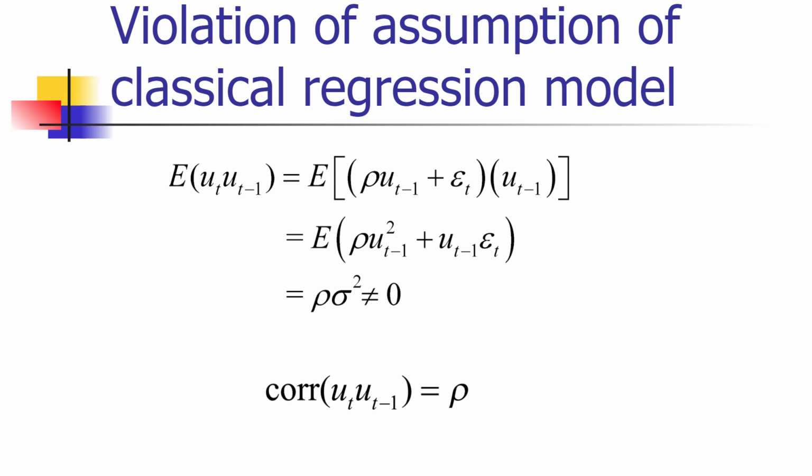The first term simplifies to be simply rho times the variance of the errors because that variance is the same in all time periods. And the second term simplifies to be 0. And as a result, the expected value of the product of u_t and u_{t-1} will be equal to rho times sigma squared, which is not equal to 0, which is why this violates the assumptions of the classical regression model.